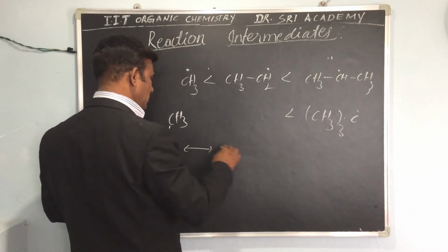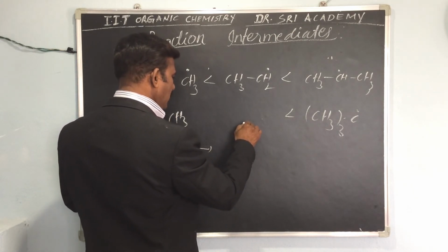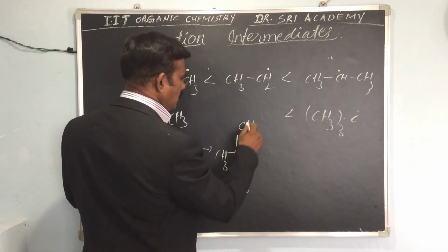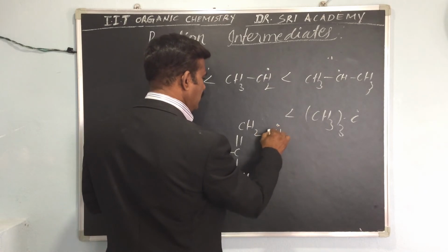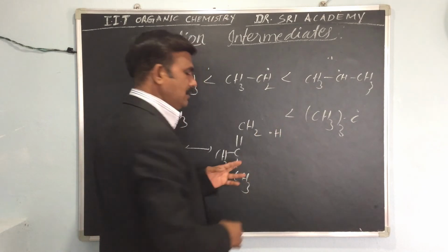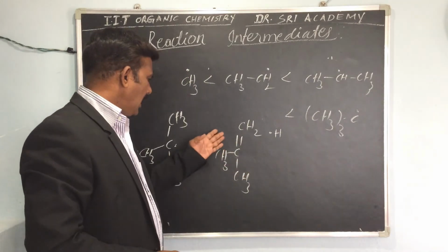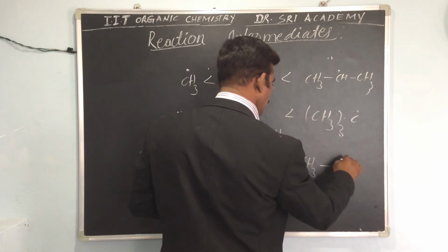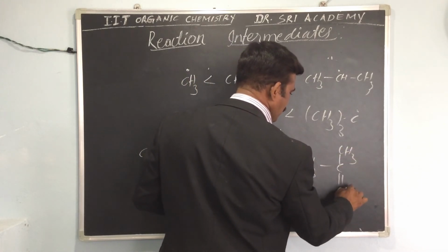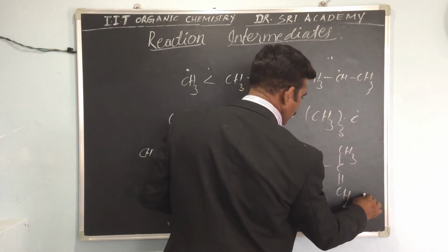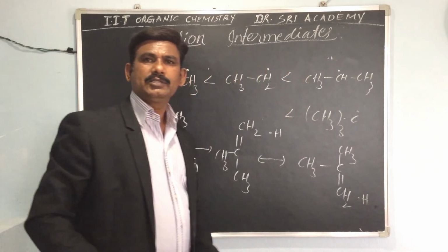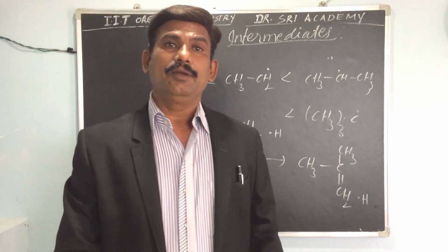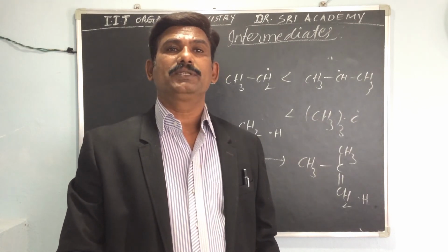For example, you remove it from here, giving CH2 and then CH3. So this is hydrogen free radical generation. Hydrogen free radical generation takes place, like this. So this is called hyperconjugation. Hyperconjugation depends upon the methyl groups.